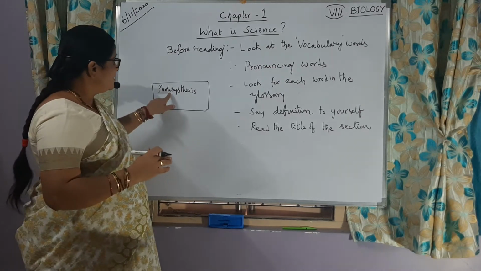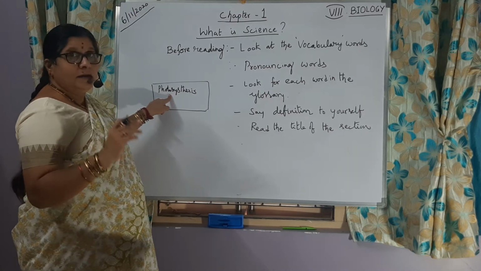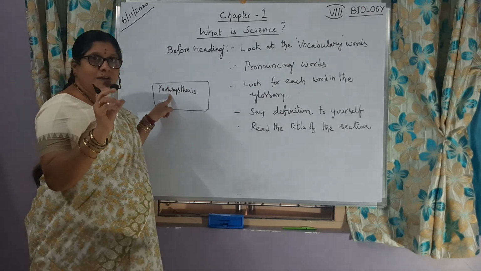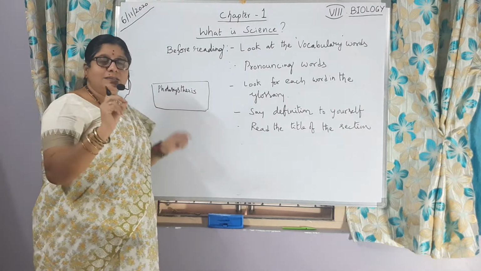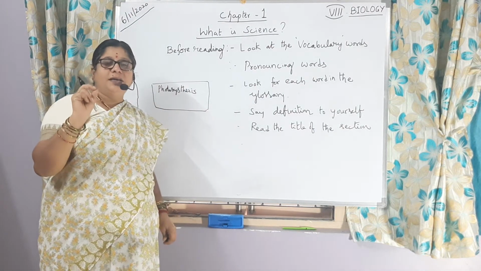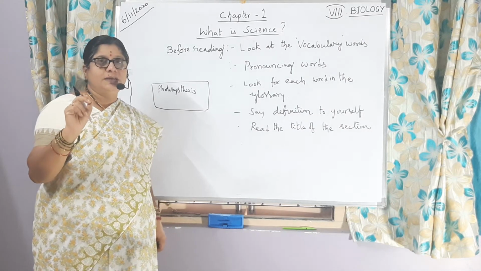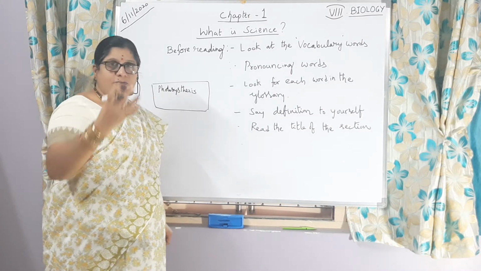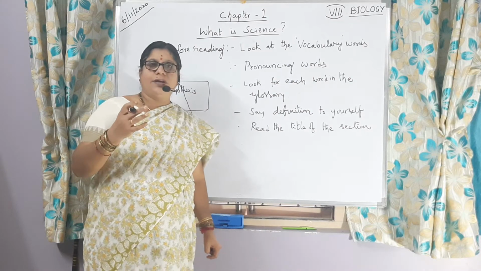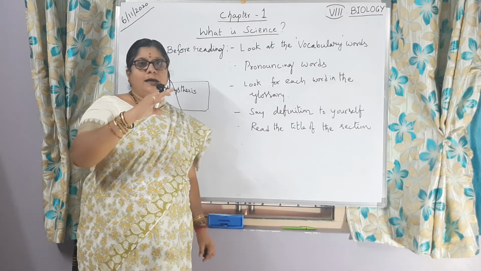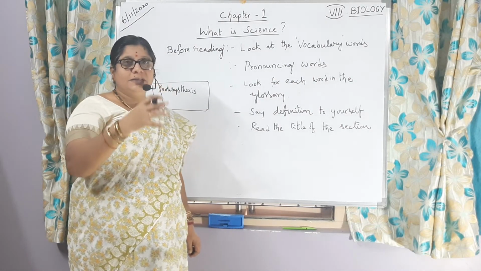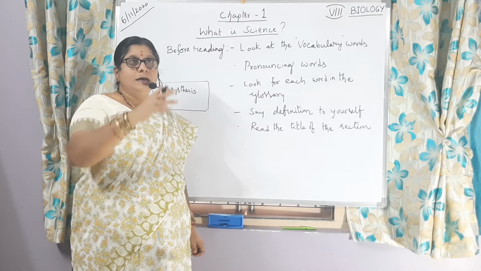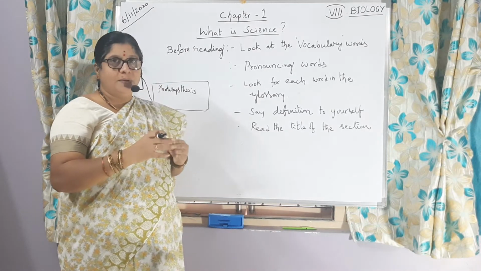So what is the meaning of photosynthesis? What definition are you going to write? Plants prepare food by the process of photosynthesis, taking carbon dioxide from the air and water from the soil with the help of roots, and with the green pigment present in the leaves, chlorophyll, and in the presence of sunlight they prepare food.